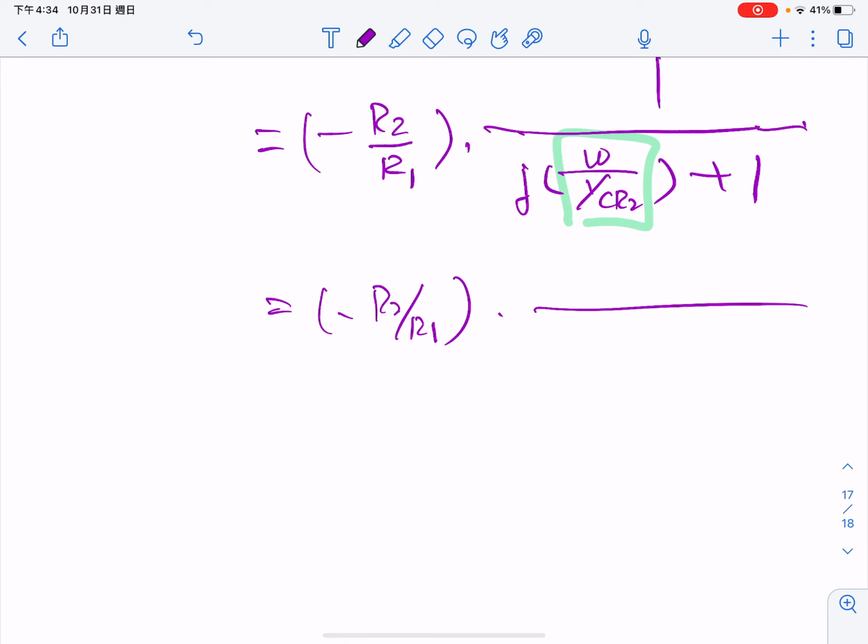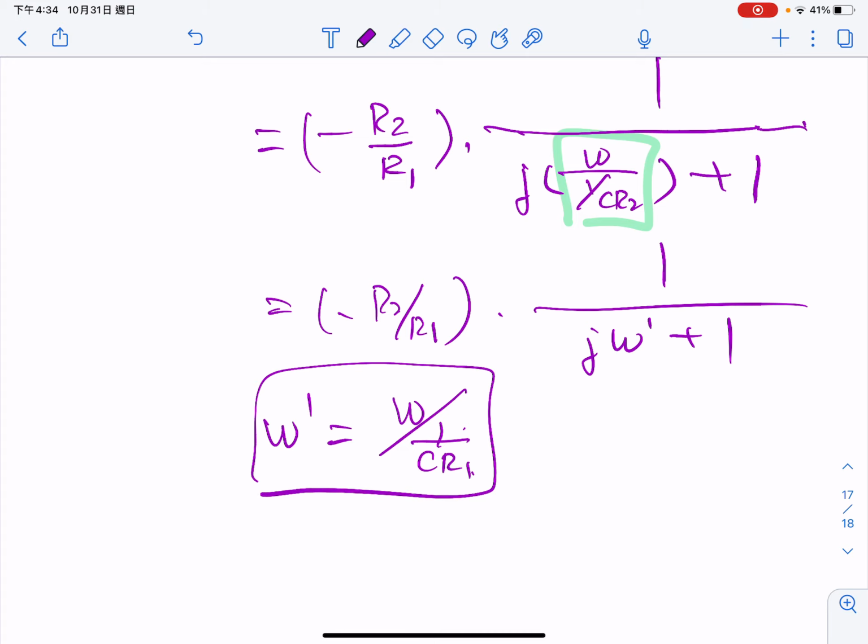Then I can always replace this one by a j omega prime plus 1 here, where omega prime will be equal to omega over 1 divided by CR2. And if I replace by s prime, the polynomial becomes s prime plus 1, okay?